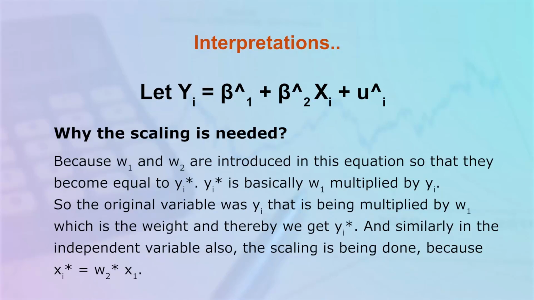Because W1 and W2 are introduced in this equation so that they become equal to yi star. When I say yi star, it is basically W1 multiplied by yi. The original variable was yi, which is multiplied by W1, the weight, and thereby we get yi star. Similarly, in the independent variable the scaling is done because xi star is equal to W2 into xi.